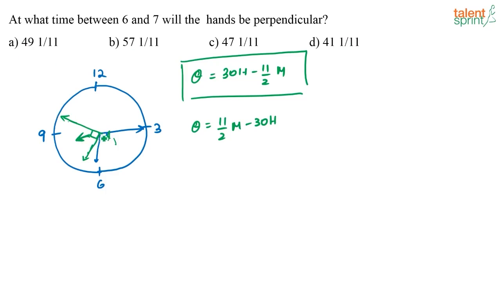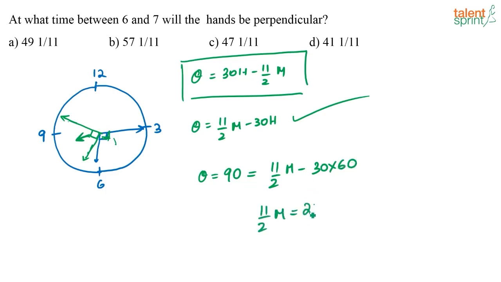So what is the formula that you will have to use? When I have to find out this angle, I can see that the minute hand is ahead of the hour hand. So if the minute hand is ahead of the hour hand, which formula do you use? This formula. So what will you get? Theta is already equal to 90 degree, which is equal to 11 by 2m minus 30 into 6. So you can say 11 by 2m is equal to 180 plus 90, that is 270, or m is equal to 540 by 11, which is equal to 49 1 by 11.